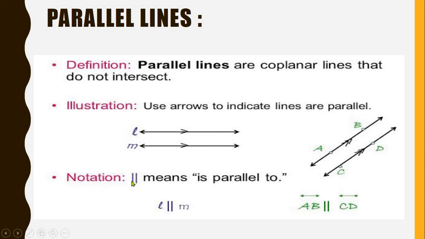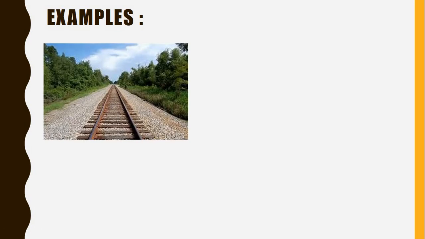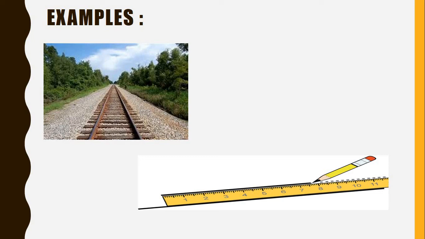Two standing lines is the notation, or it can be written as is parallel to. So if I want to represent this in symbolic format, I will use this symbol. L is parallel to M. Same for the lines AB and CD. Examples: railway tracks, opposite edges of a ruler.